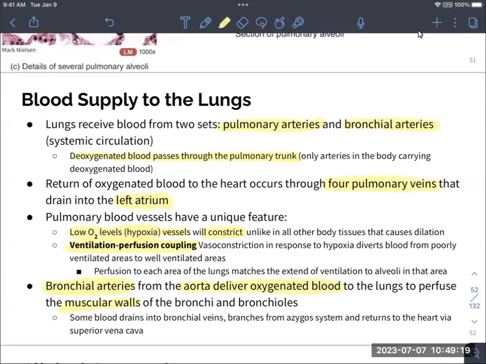Even though we're exchanging gases in the lungs, we still need nutrients to go to the walls of these different bronchi to allow this whole process to happen. So some of this blood drains into bronchial veins, which are branches of the azygos system, and returns to the heart.